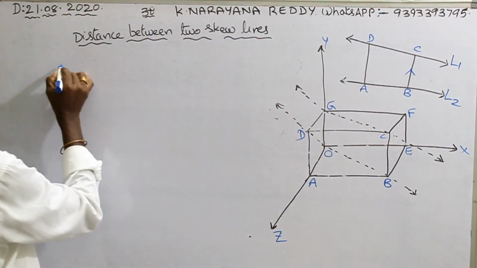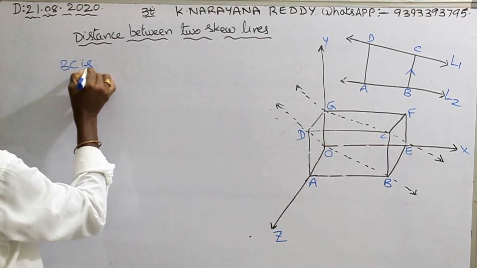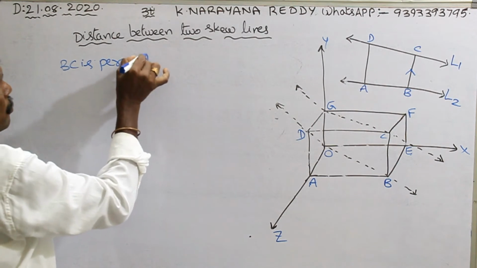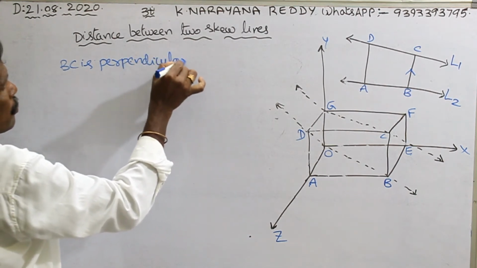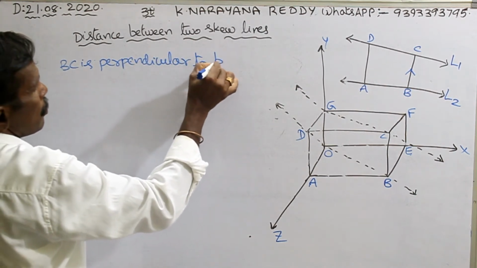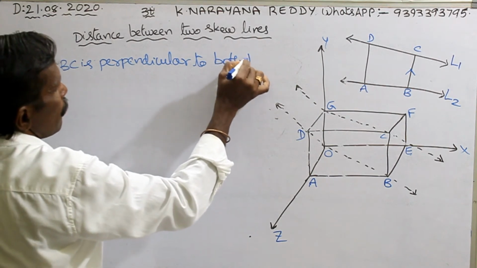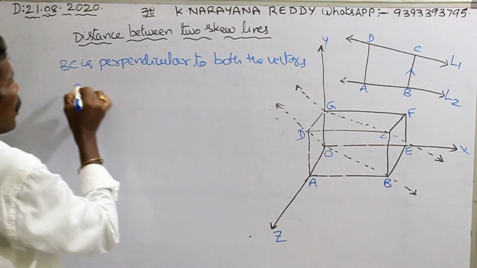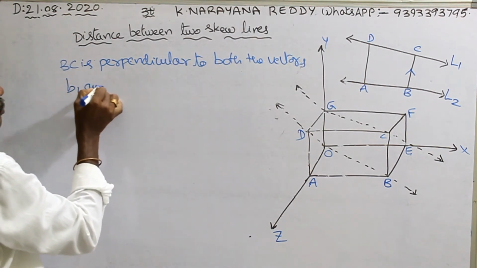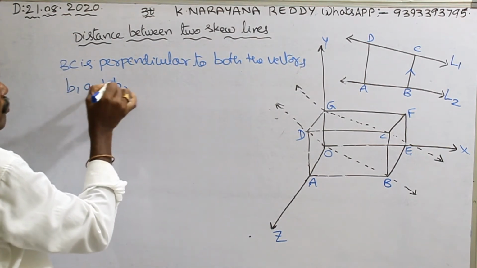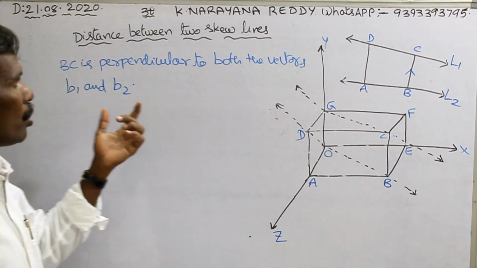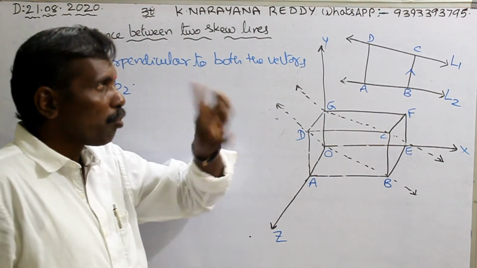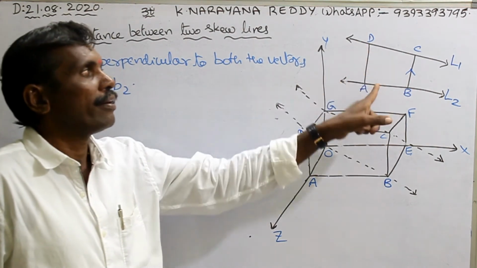BC is perpendicular to both the vectors b1 and b2. Okay, so the vector BC is perpendicular to both the vectors b1 and b2.